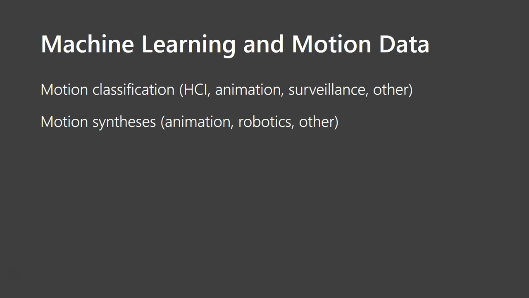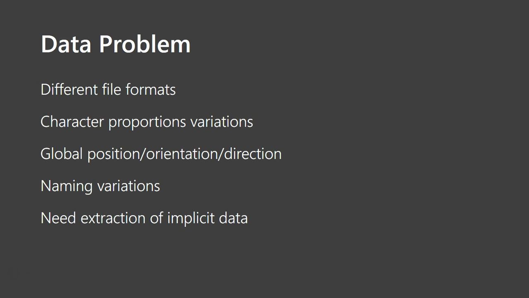And most of the time you need a big database of motion capture data to train the machine learning approach you're using. And this data has some problems. So this data comes in different file formats.